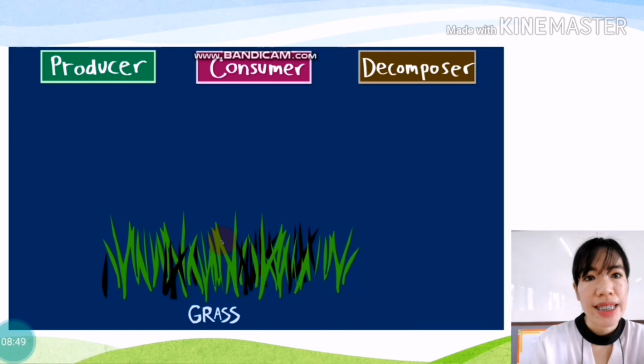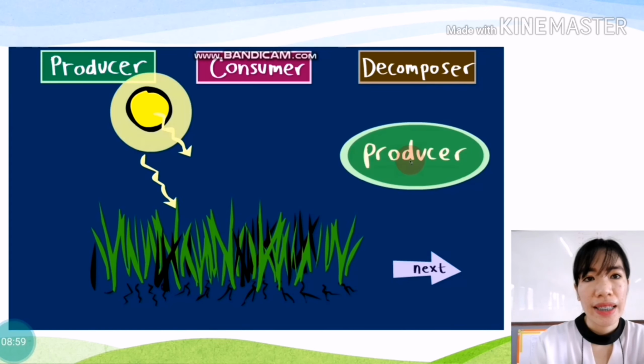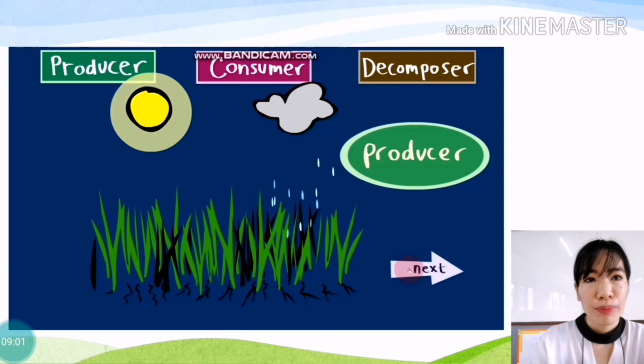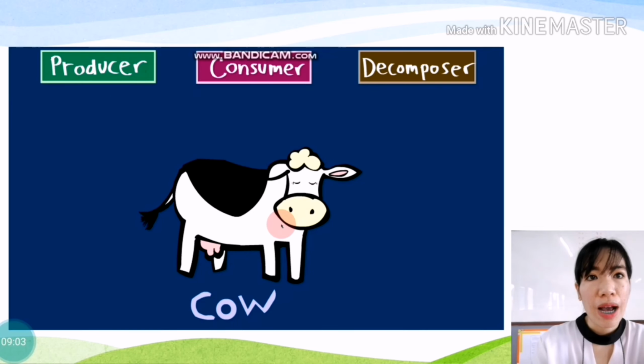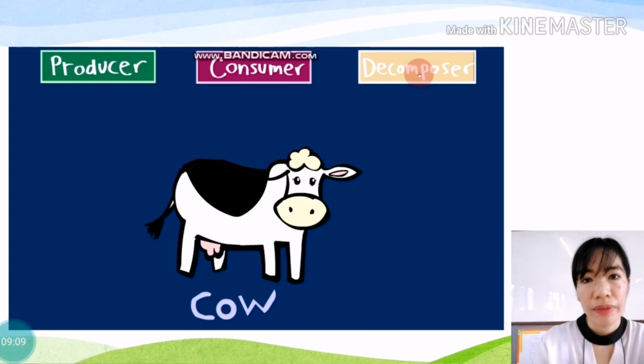We have here grass. Is it producer, consumer, or decomposer? Grass is producer. Got it right. Next we have cow. Is it producer, consumer, or decomposer?